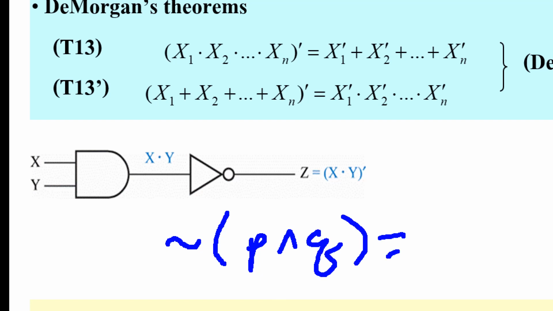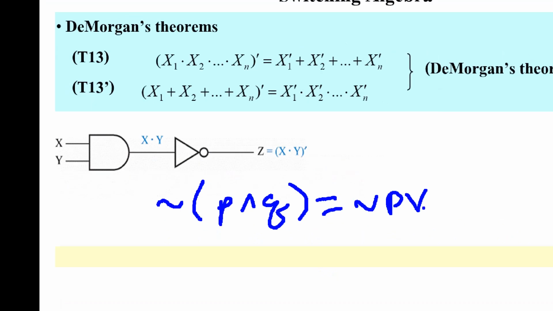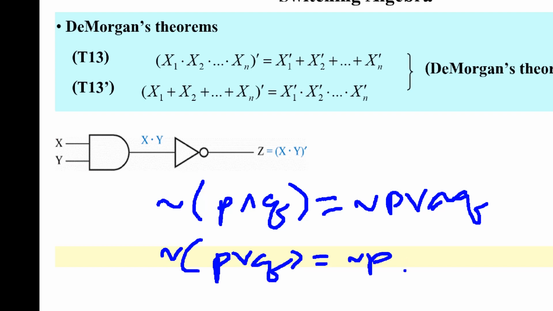The invert of p and q is equal to invert p or invert q, right? Something like this. Or invert of p or q is equal to invert p and invert q.